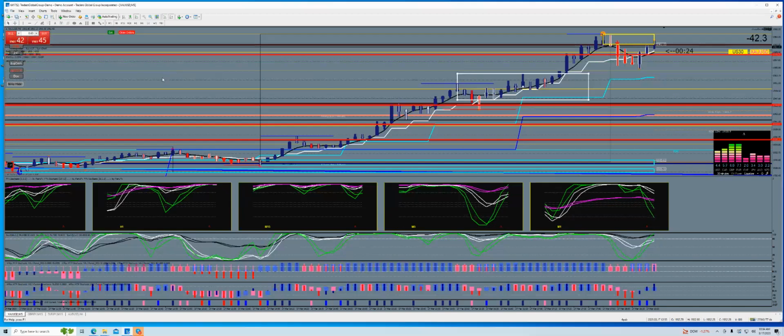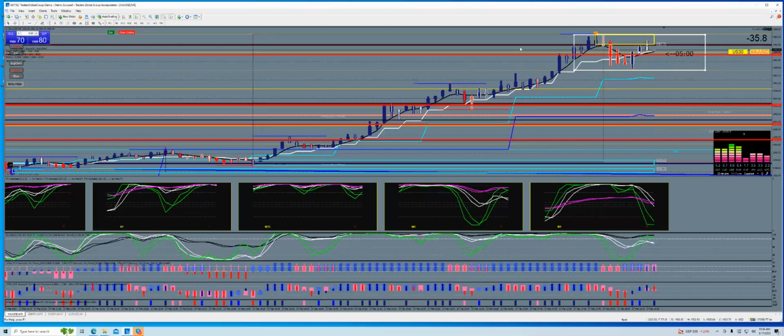It's really reluctant to fall. Okay, so now we're getting a change in direction, but the 5 32 has peaked.